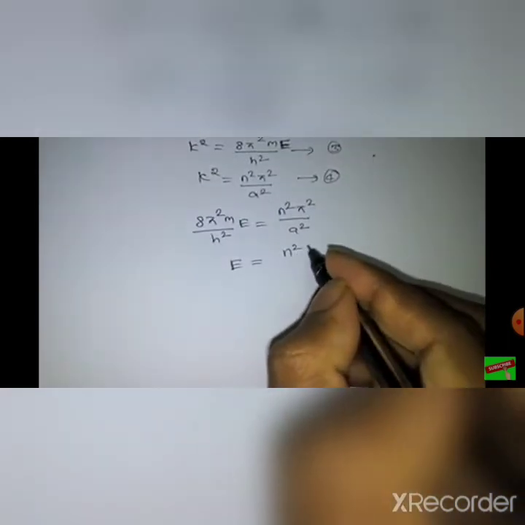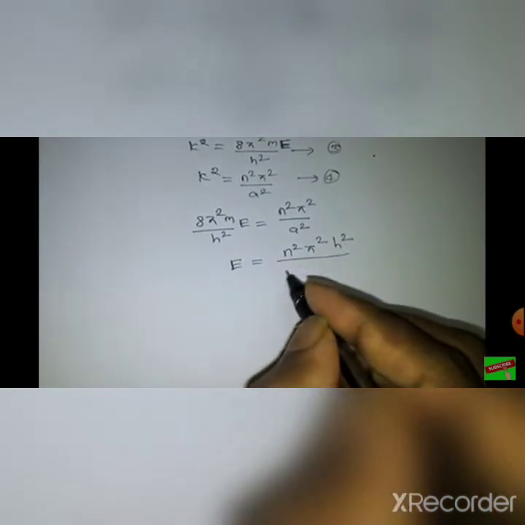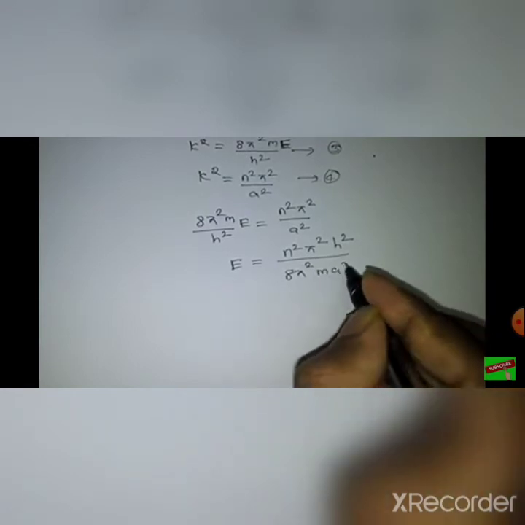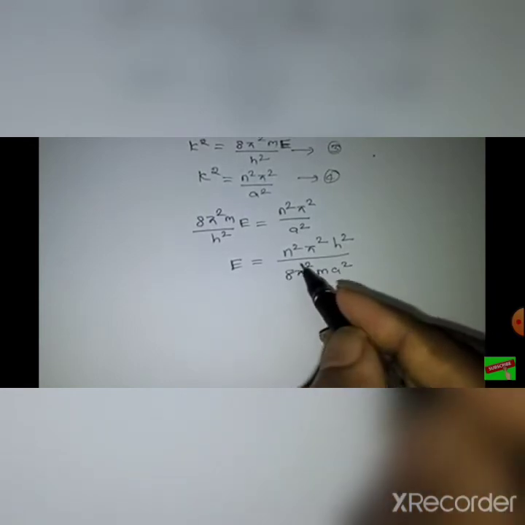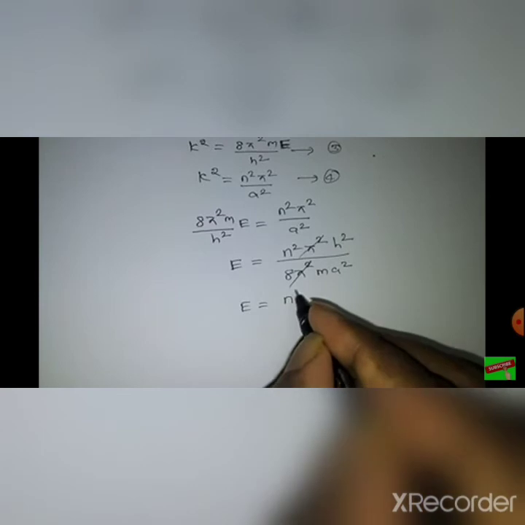After that we can simplify this equation with E alone on the left-hand side and convert all the remaining terms to the right-hand side. On the right-hand side we already have n square pi square by a square. If we move 8 pi square m by h square to the other side, it becomes h square by 8 pi square m.